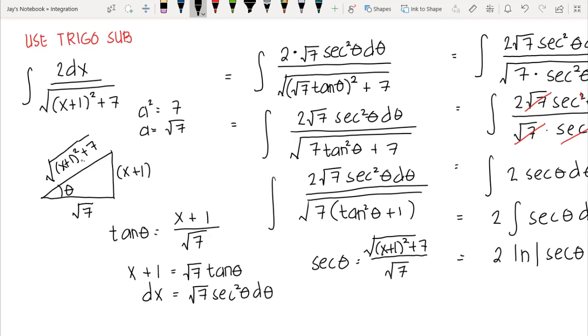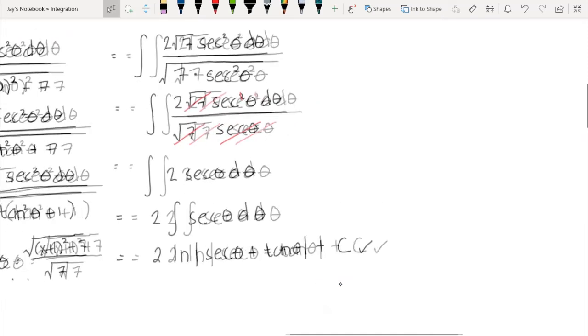So this is the value of our secant theta upon looking at the right triangle. Okay, so this is the hypotenuse over the adjacent, which is opposite of cosine. Now we have tangent theta in our function, but we have already determined what is tangent theta, and from here we know tangent theta is equal to x plus 1 over square root of 7. So we can now use this value in our answer.